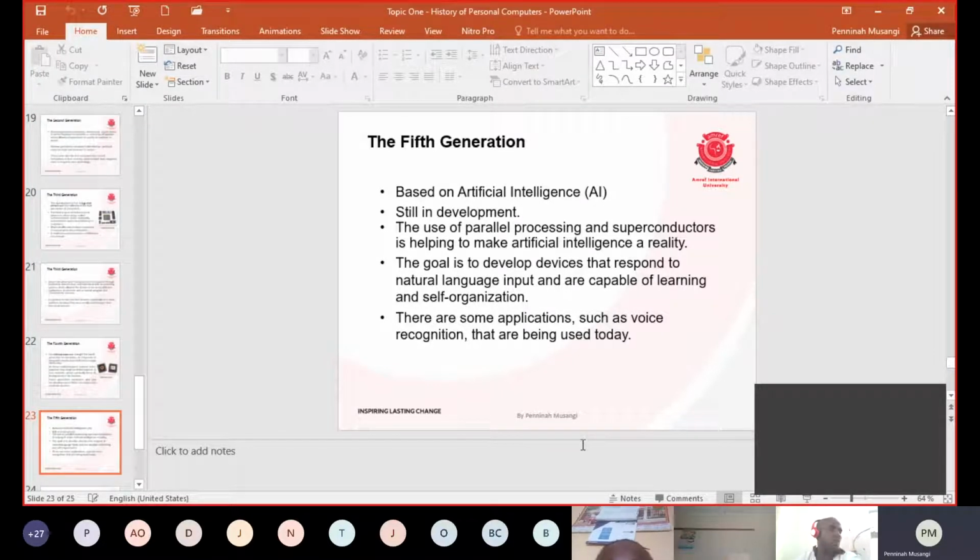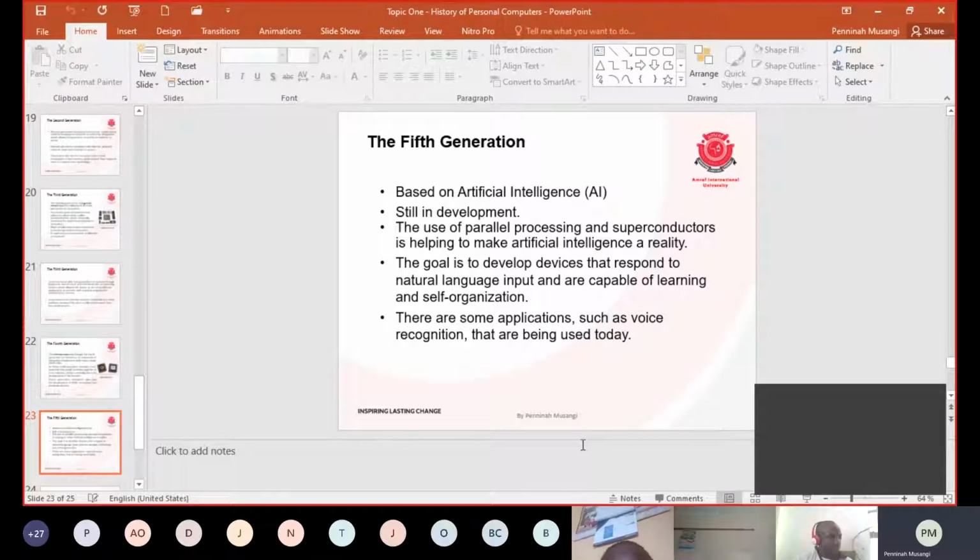For instance, I'm teaching, so I'm projecting my slides, but at the same time, I'm using this computer to record for you. So there are many processes happening at the same time, and that ability of a computer is what is helping the computer to artificially be able to think or act like a human being.